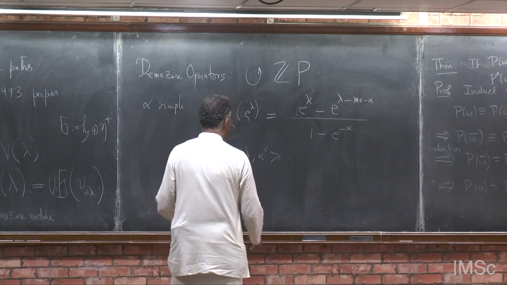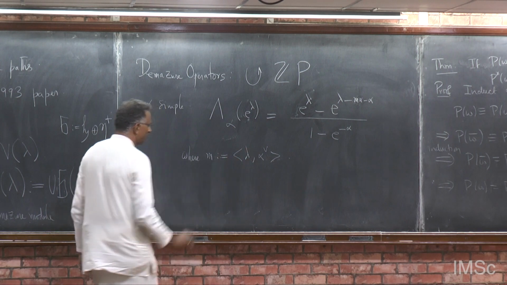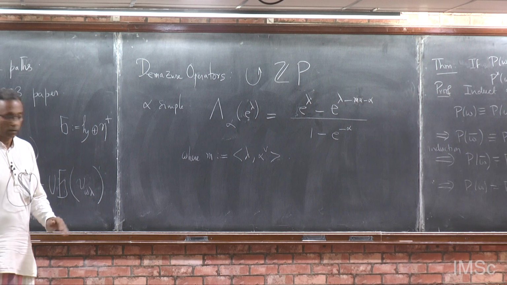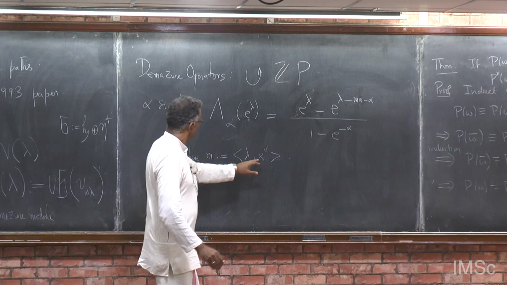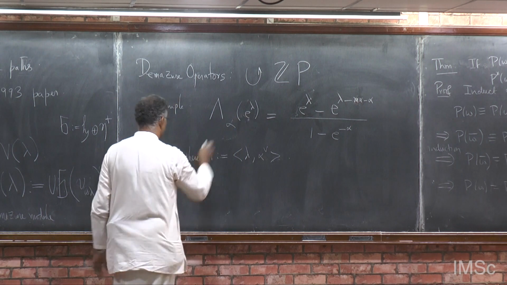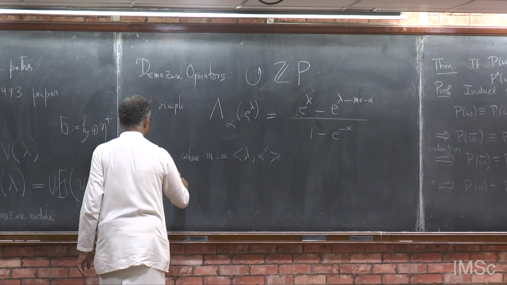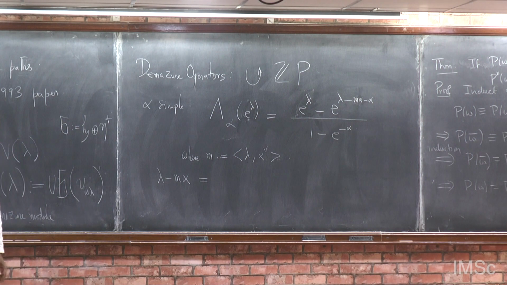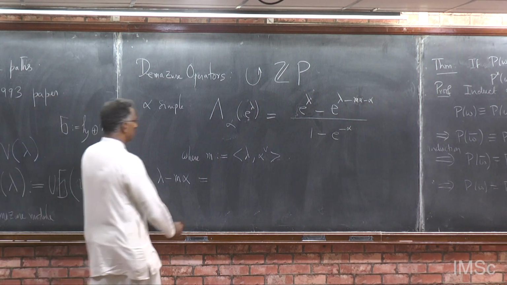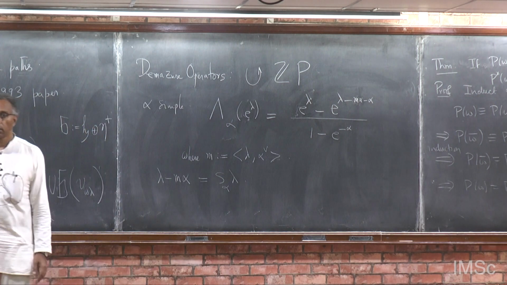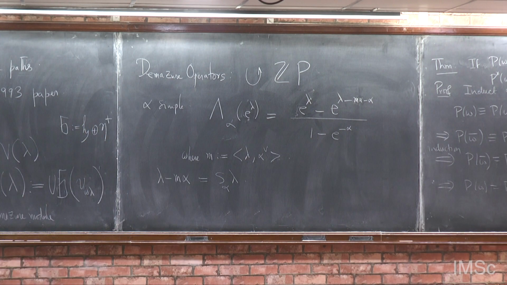So, observe, I have assumed m is lambda alpha check, right? So, this is an integer because lambda belongs to P. So, what is this lambda minus m alpha? What could I write it as? This is just S alpha lambda, correct.